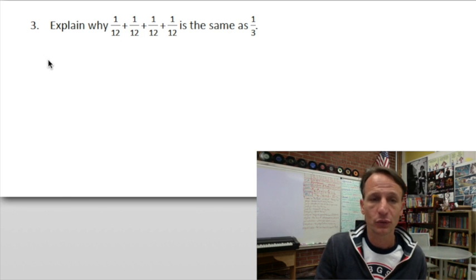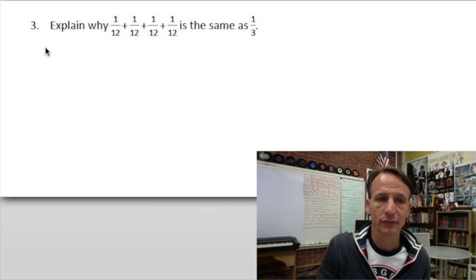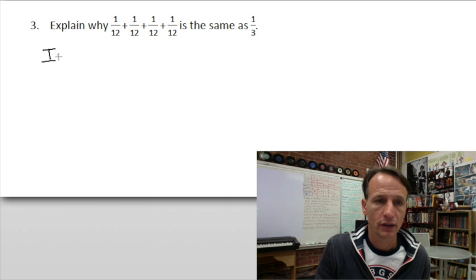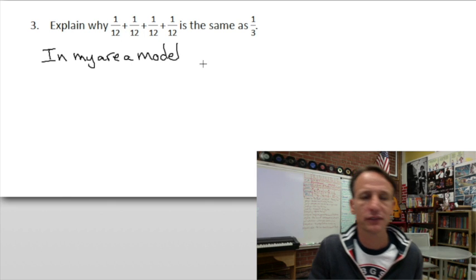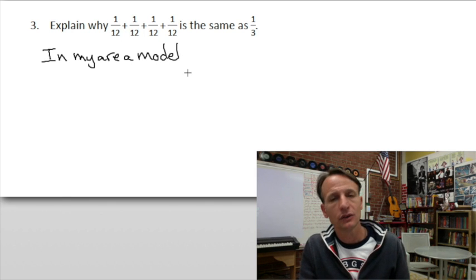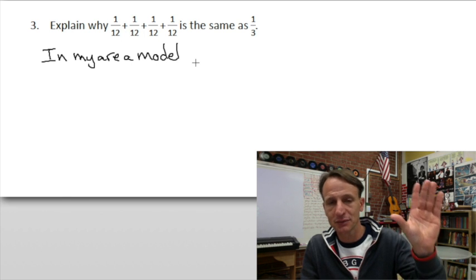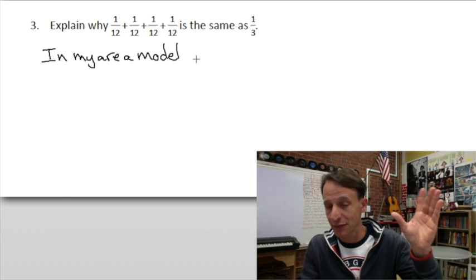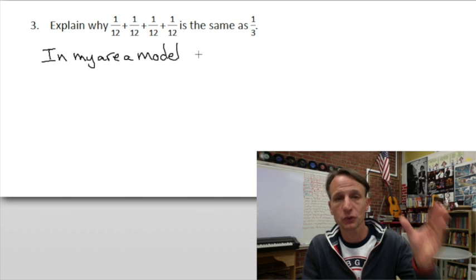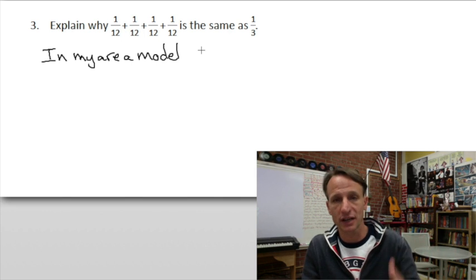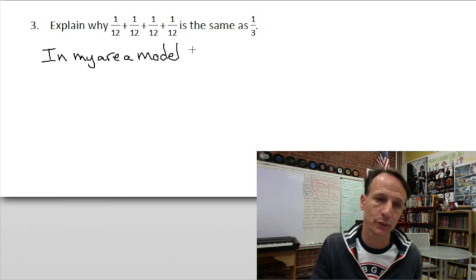And so in my area model, what do you notice? You notice that 1/3 takes up the same space, has the same area as 4/12. Therefore, those fractions are equal. And that's exactly what we can write here.